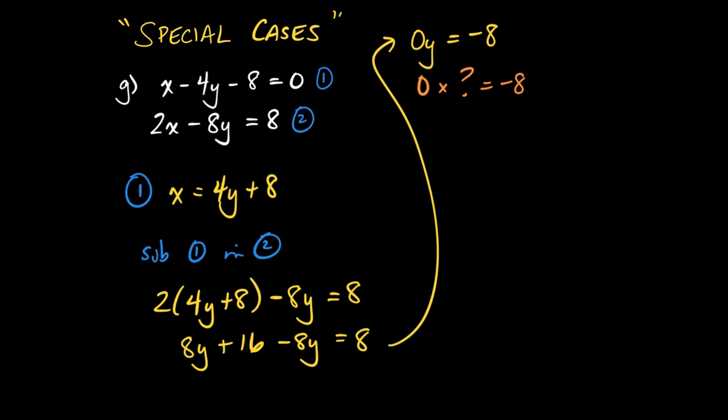And I hope that we're good that there is no number that when I multiply it by 0 equals negative 8, because 0 times anything is 0. I can't solve that equation.